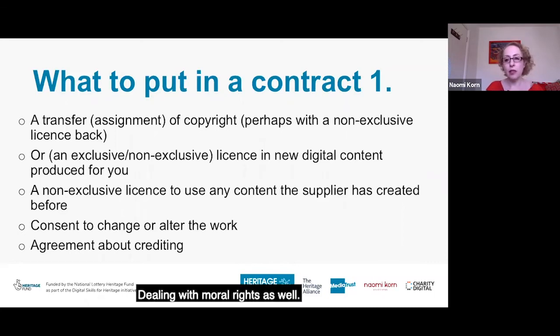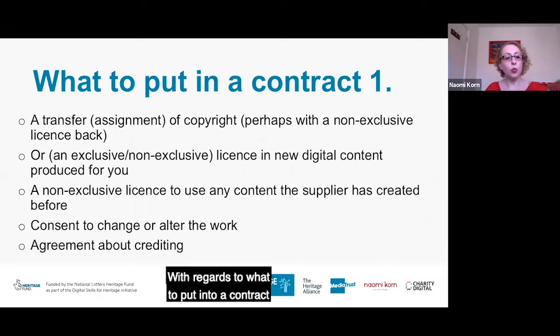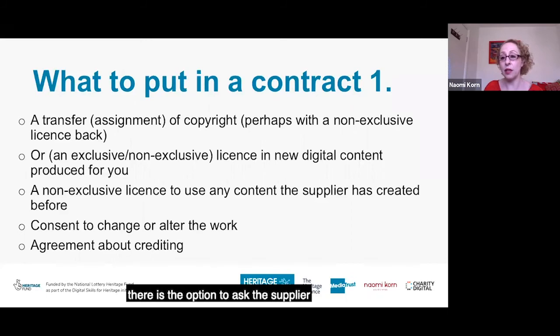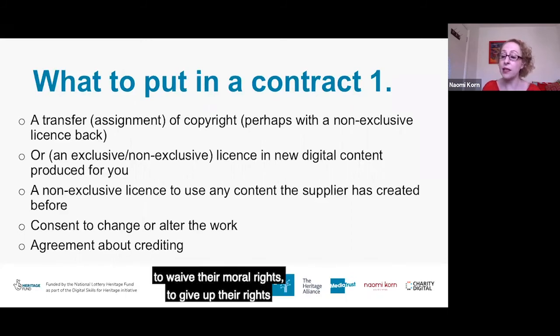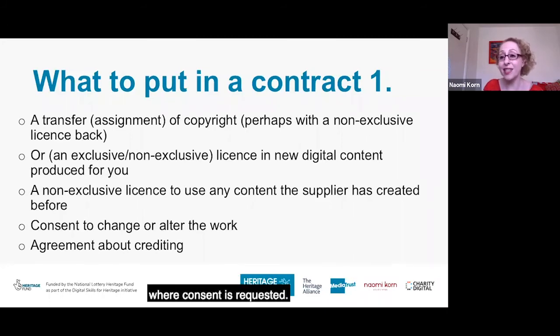Dealing with moral rights as well, with regards to what to put into a contract, is also important, and understanding that yes, there is the option to ask the supplier to waive their moral rights, to give up their rights to be credited or to control how a work is used. The alternative, which I often suggest to our clients, is the option of going down a consent route where consent is requested.